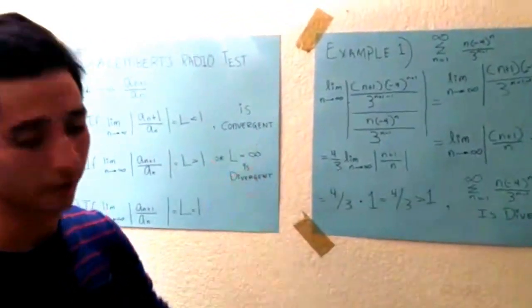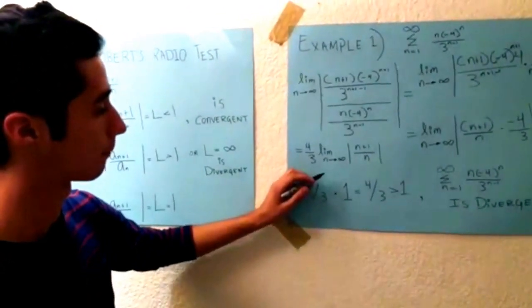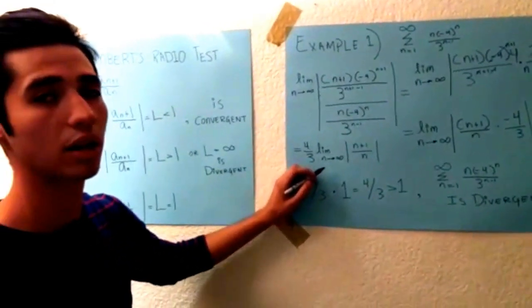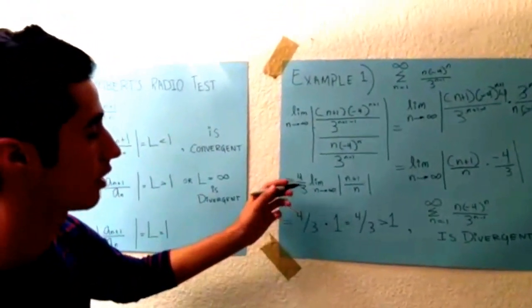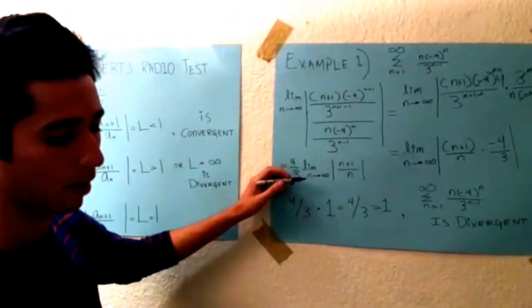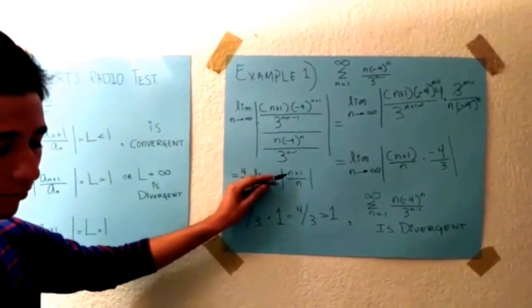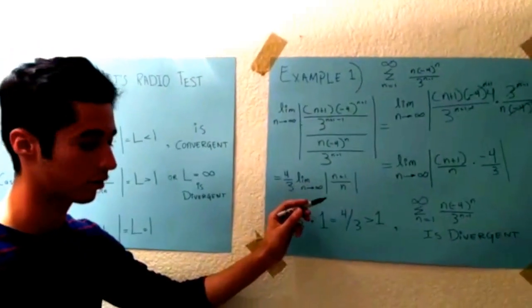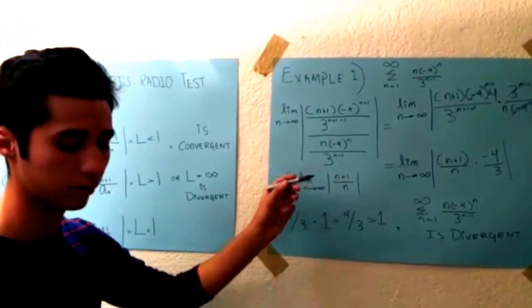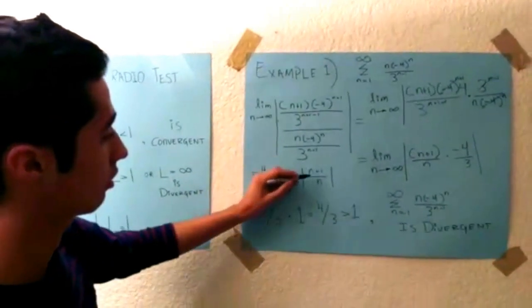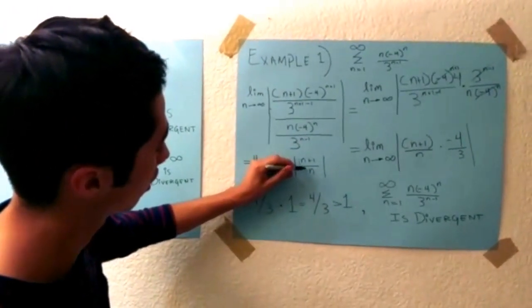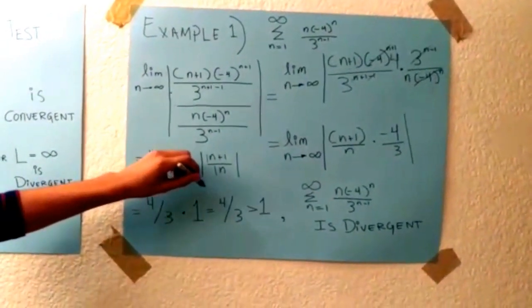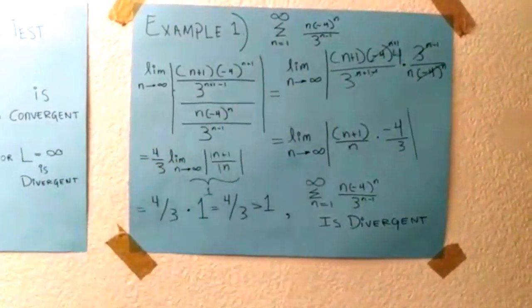So when I have a rational function, the rule is that if the power on top is the same as the power on the bottom, I just need to analyze the ratio of the coefficients. So I have a 1 and 1, and that is going to be 1.